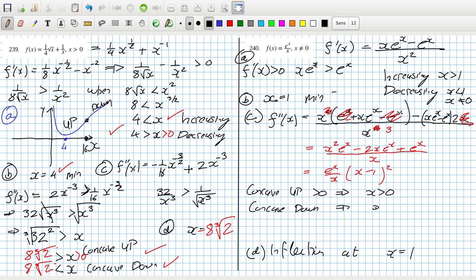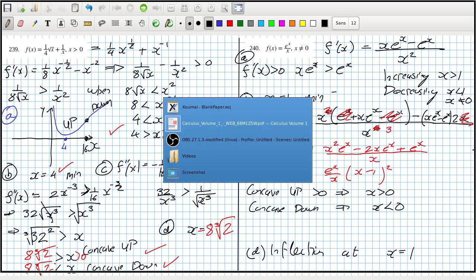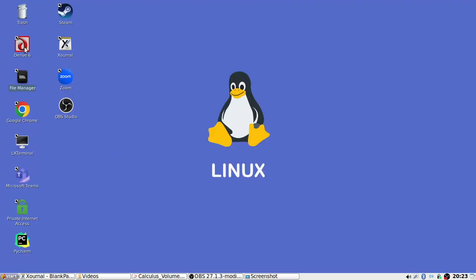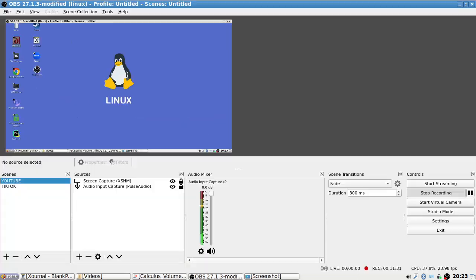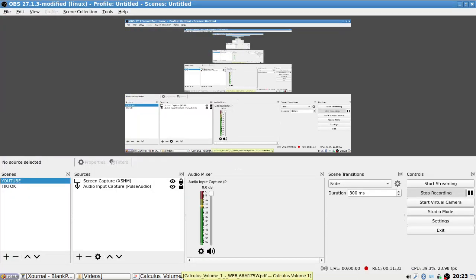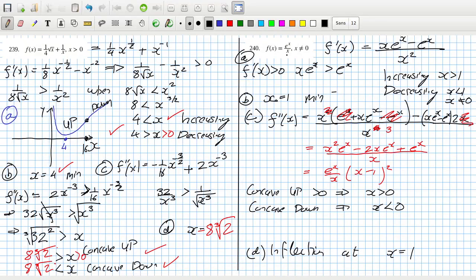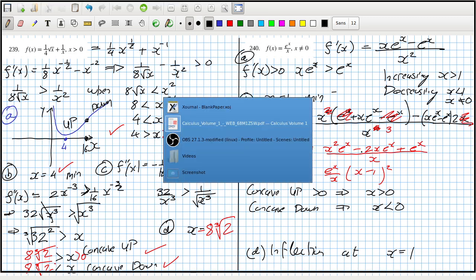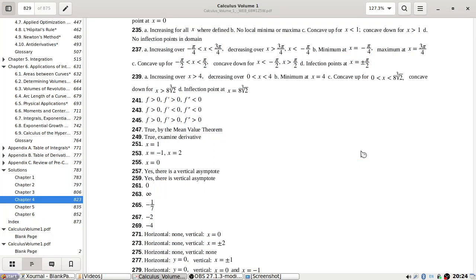So that means when x is less than 0, an inflection at 1. And I want to draw this. Have a look at it, since I can't check the answer. If I can. If it loads.